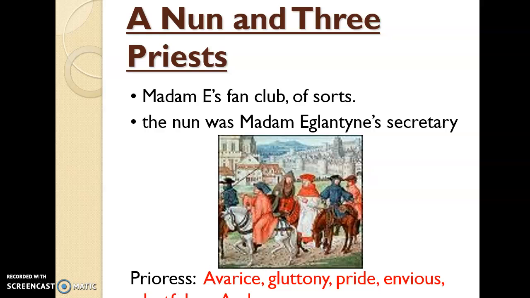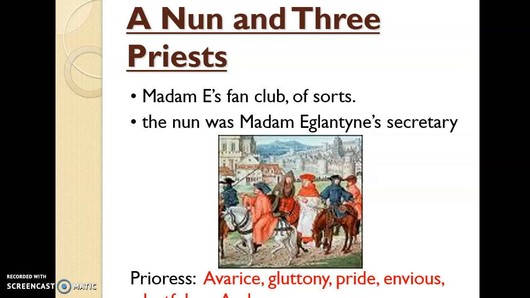They do demonstrate quite a few different sins throughout the story here. We have gluttony, pride, envious, lustful, swearing, avarice. There's all sorts of things that they could portray in terms of the sin realm. And this also goes along with Madame E as well.